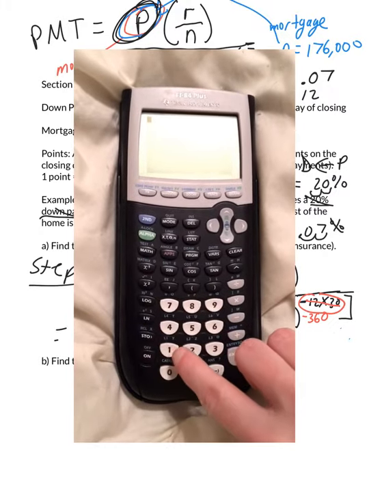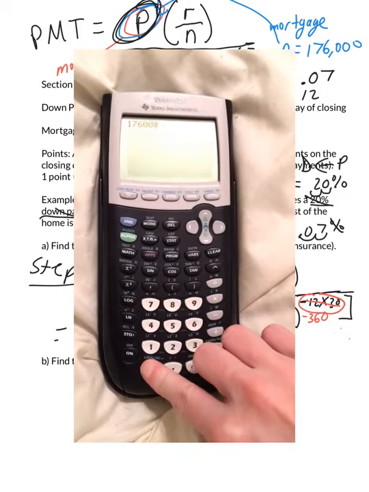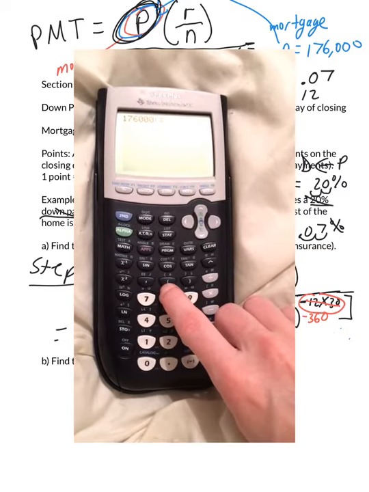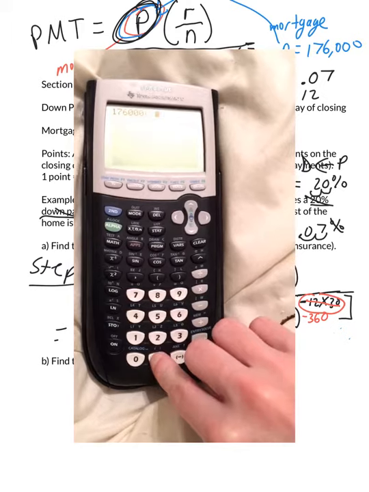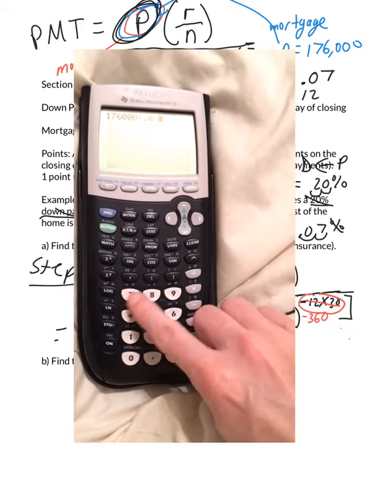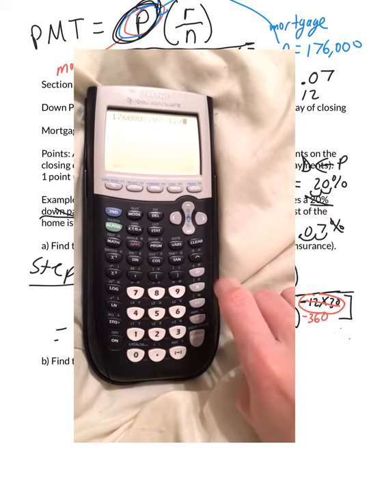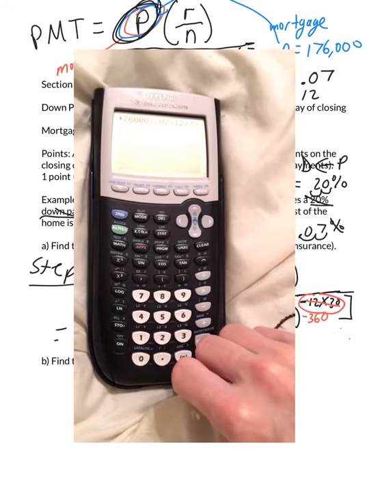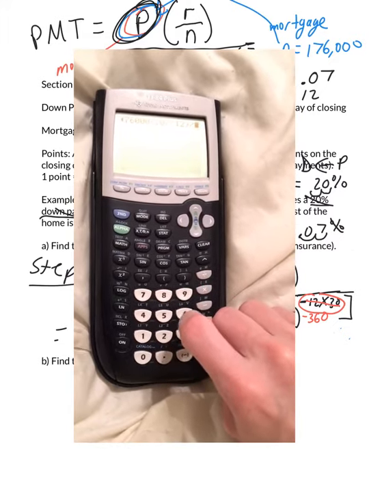Plugging this in, we said we had 176,000 times, I'll just use the parentheses just like I wrote it on my paper. R was 0.07 divided by N was 12, close the parentheses, divided by, for that main fraction bar, we said just use the normal parentheses for brackets, it means the same thing.